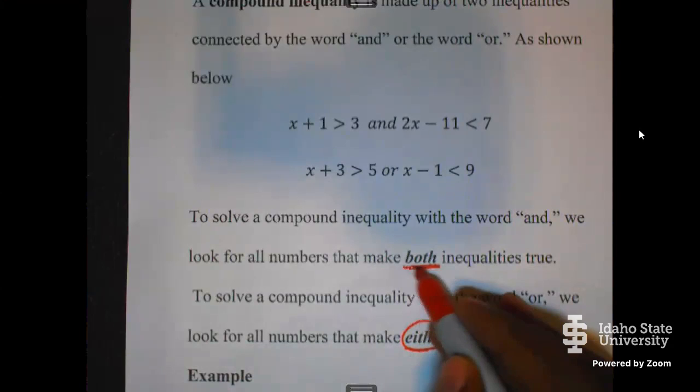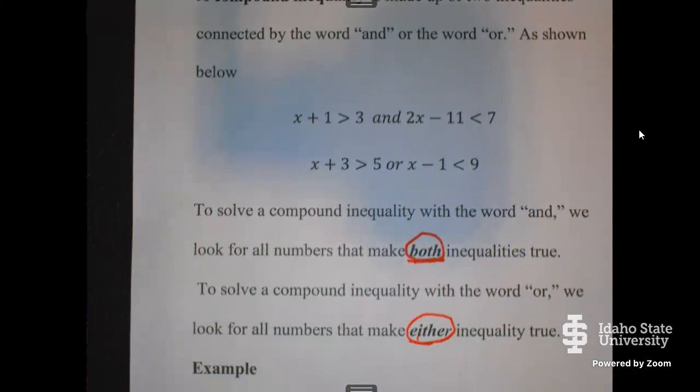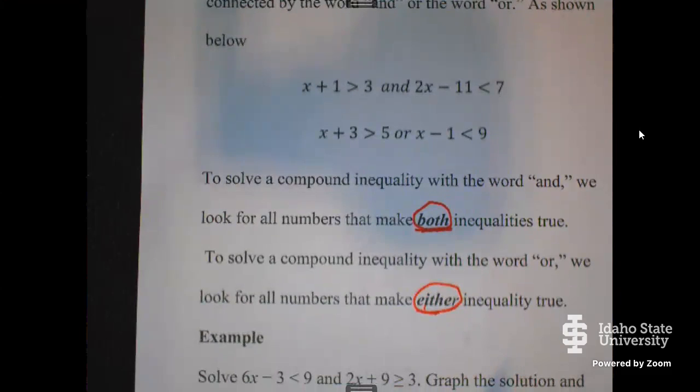So this one should be both. This one is either. Okay, for example, solve 6x minus 3 less than 9 and 2x plus 9 greater or equal to 3. Graph the solution and write the solution in interval notation.